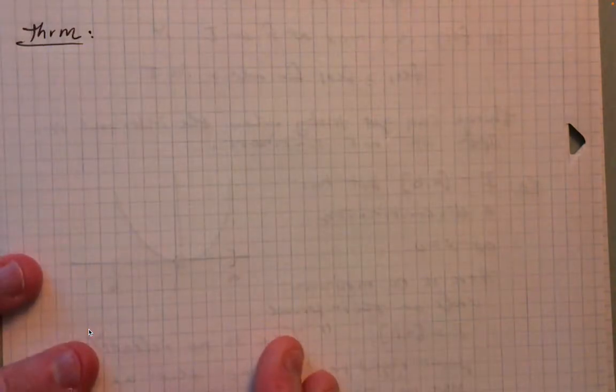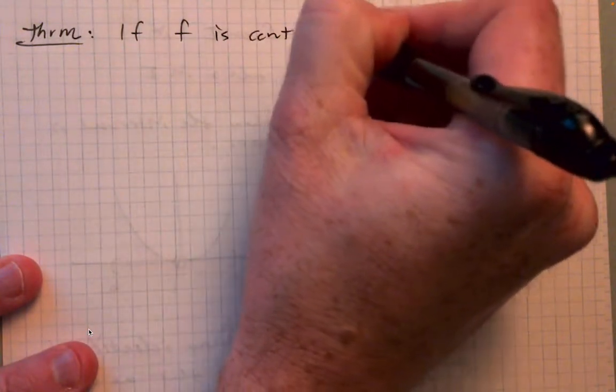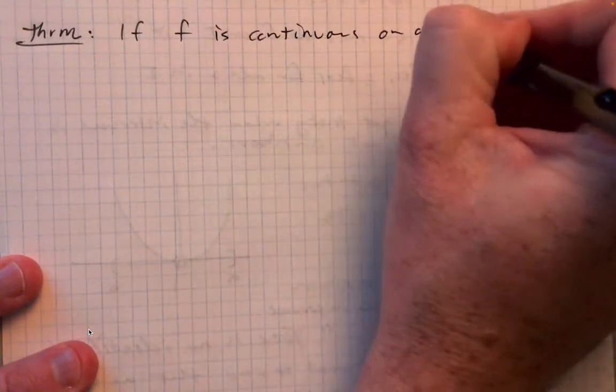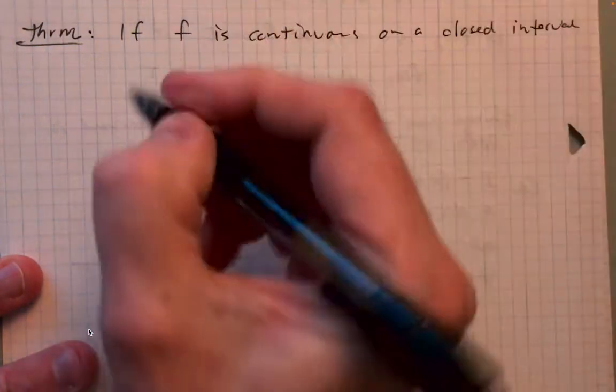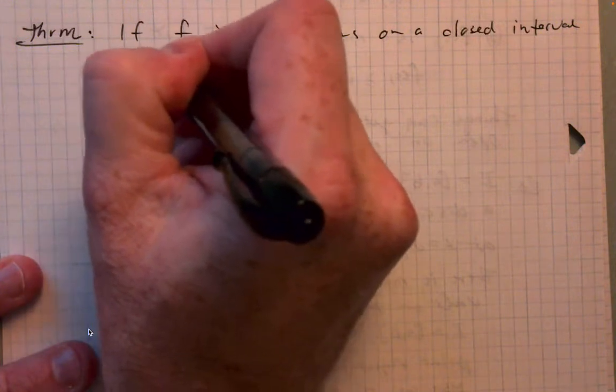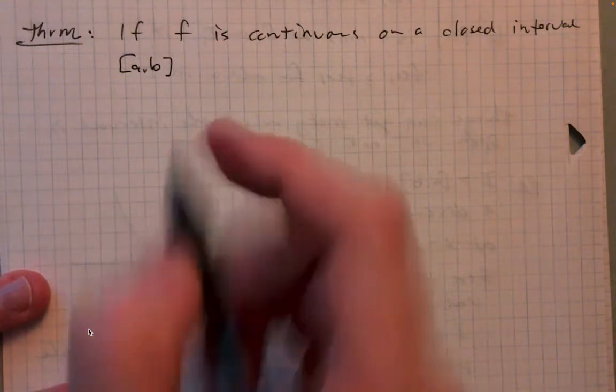So here's a theorem. If f is continuous on a closed interval a, b, then f has both a minimum and a maximum on the interval.